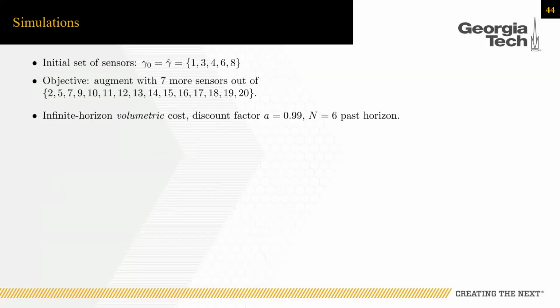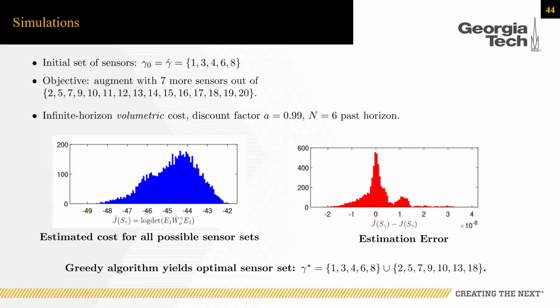Remember that in the beginning, I start with an initial set of sensors, which in this case will be 1, 3, 4, 6, and 8. And I have to augment it with 7 more out of the ones that you see over there. This is just what we have picked for a volumetric cost.